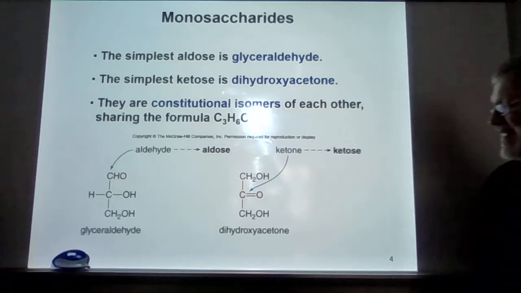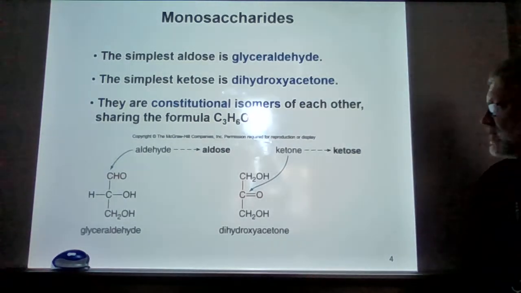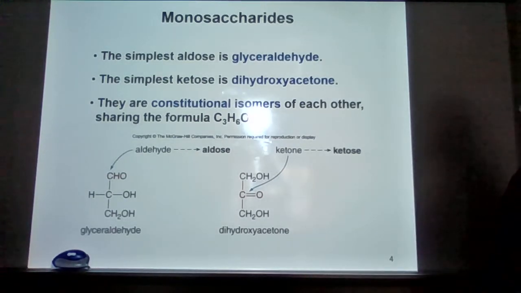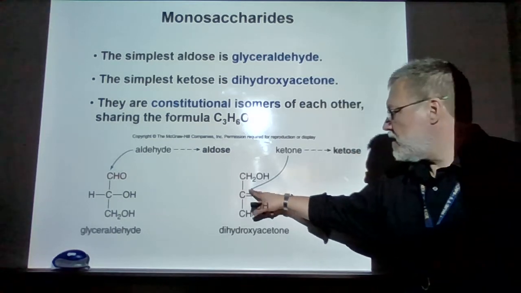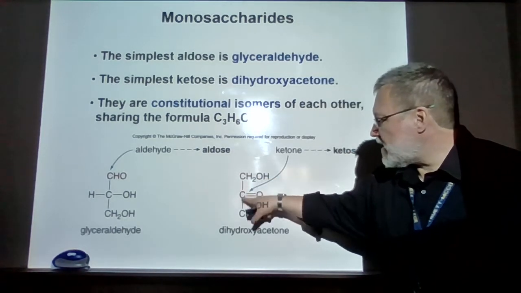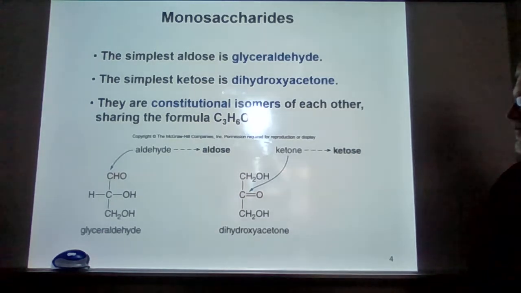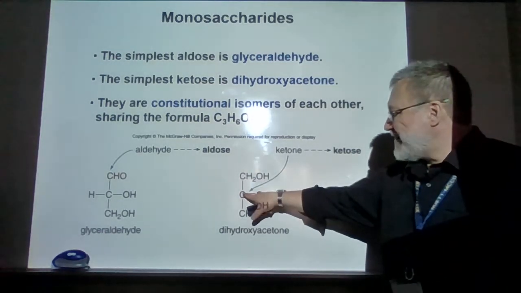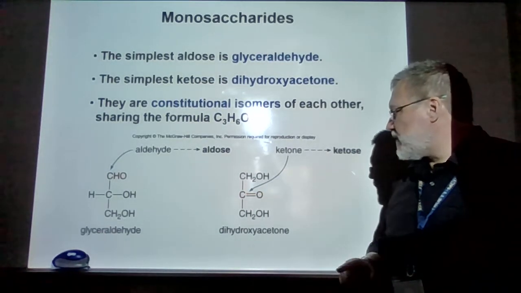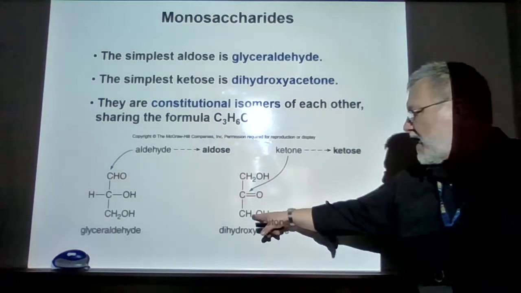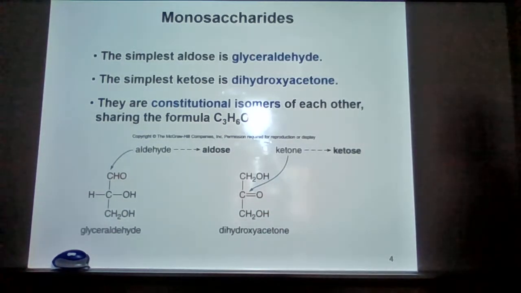The simplest ketose is dihydroxyacetone. Since it's a ketose, we have a C double bond O attached to 2 different carbon groups. Here we have the C double bond O at C2. The other carbons have OH groups on them.